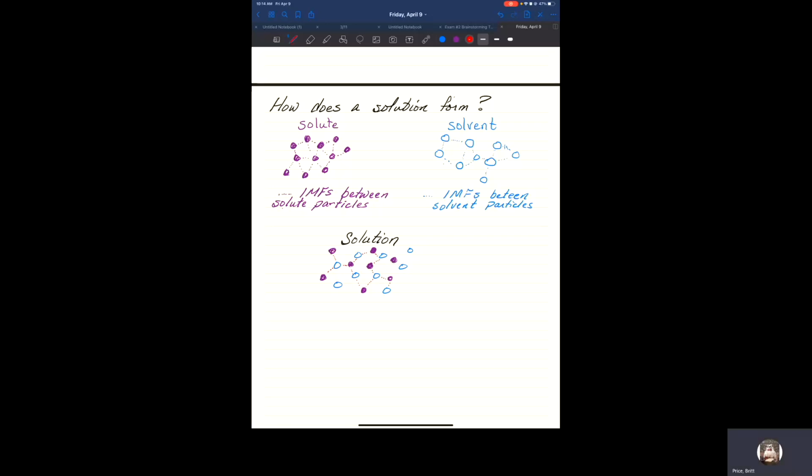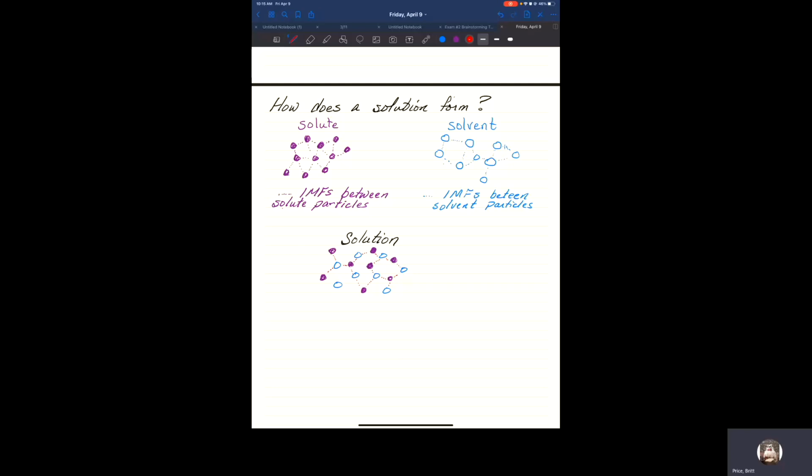Once again, just a really rough sketch of this idea of these particles playing with each other here.